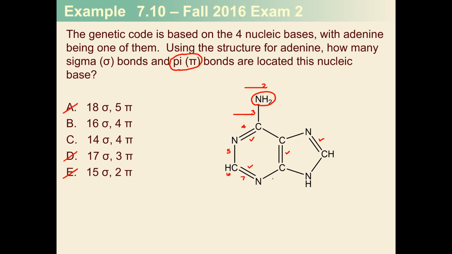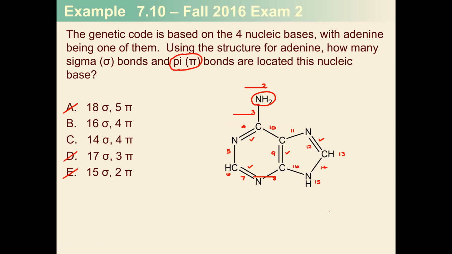Here is 7, 8, number 9, and 10 will fill in the ring. We now have number 11. This is number 12. Number 13 attaches the hydrogen. We have number 14. 15 attaches this hydrogen. And finally, we have number 16 there.